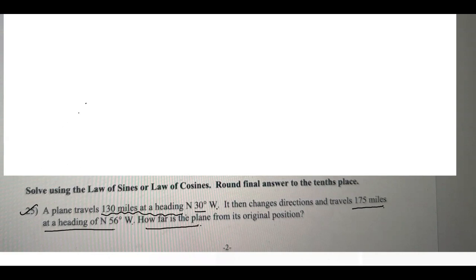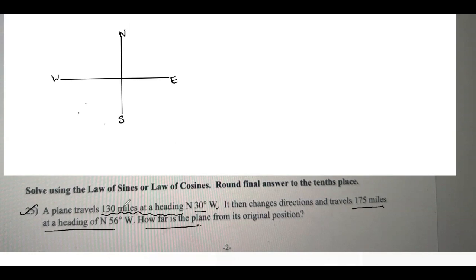Whenever this type of question comes, you should use the basic directions, that is north, south, east, and west. Now, what did they mention here?